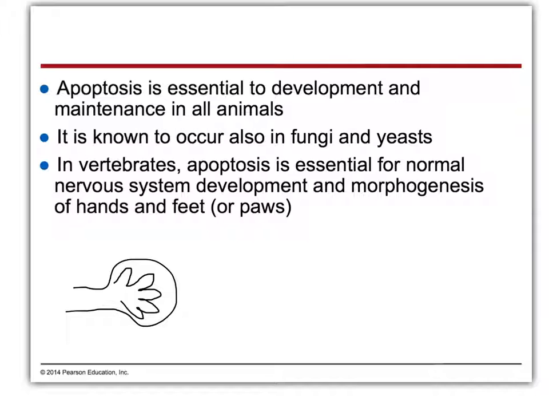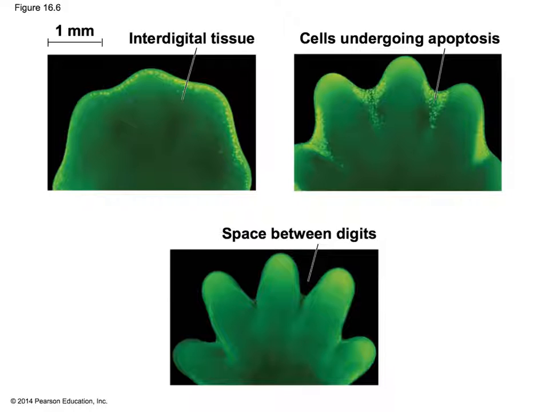But eventually, the area between the digits does undergo apoptosis, leaving your 5 fingers and toes, in which there's typically no skin between them, right? In some cases there are. Some people may have webbed feet or webbed fingers. There's also a possibility of polydactyly.